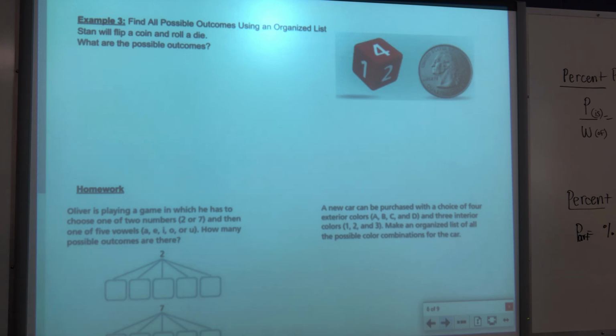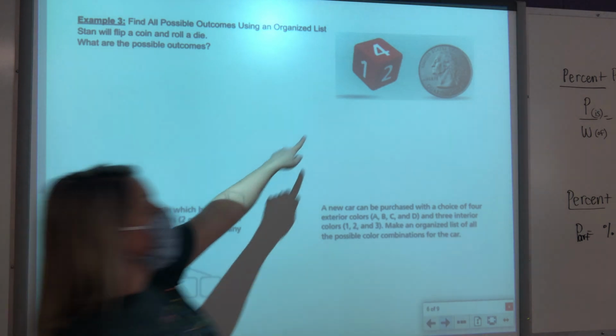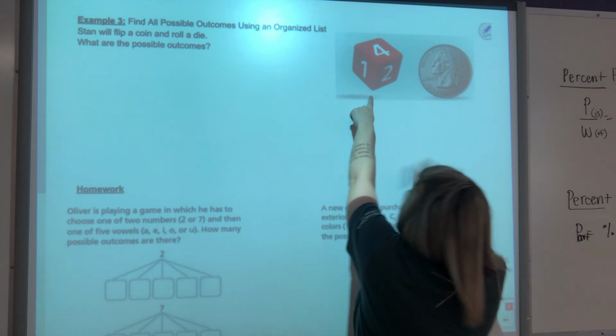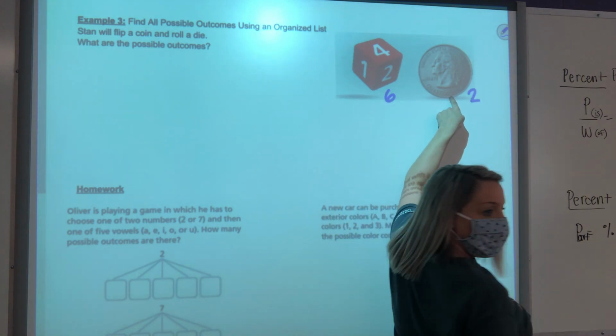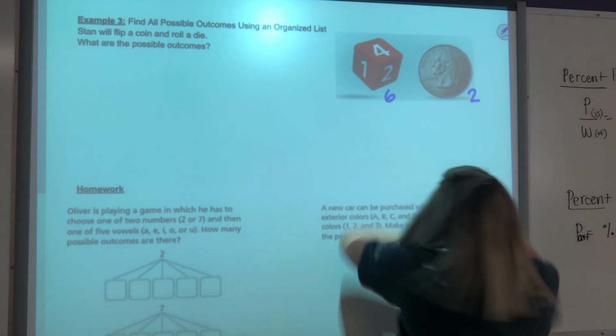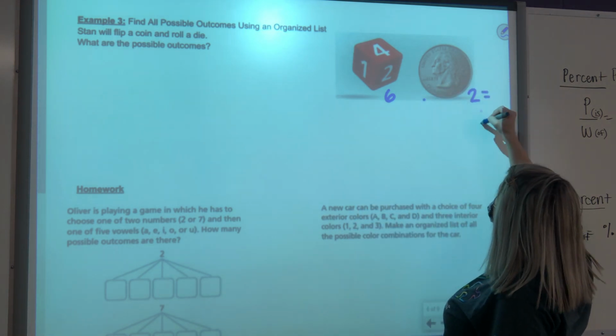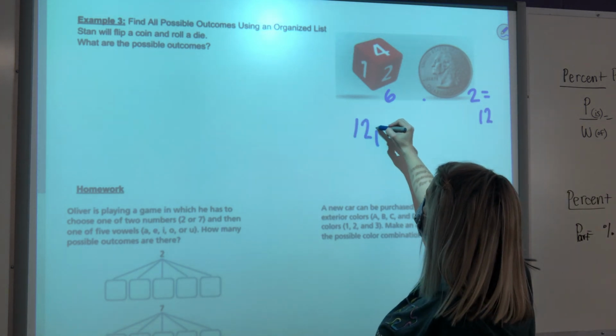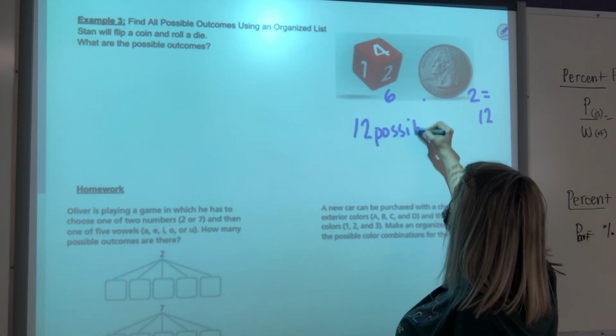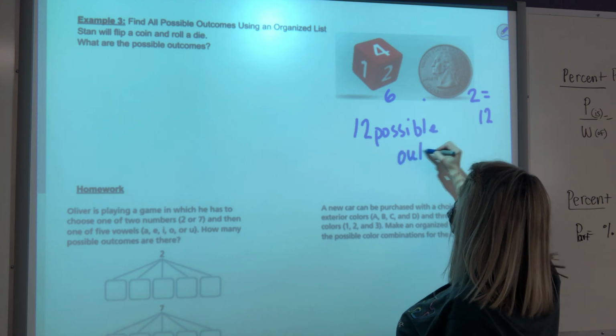Is it 12 or is it 8? It's 12. So 6 possible outcomes on our number cube, 2 possible outcomes on our coin. So 6 times 2 equals 12. So we know, even before we start, there are 12 possible outcomes.